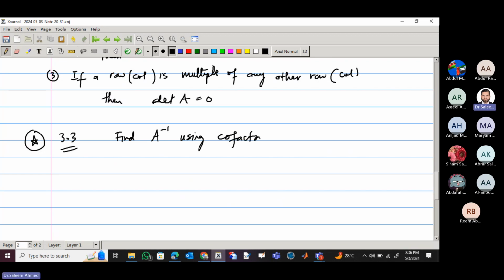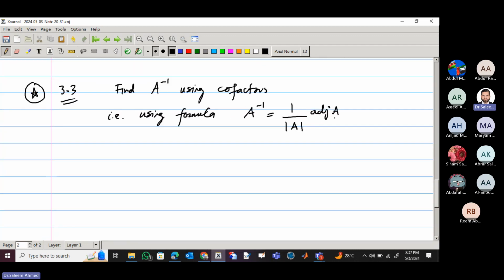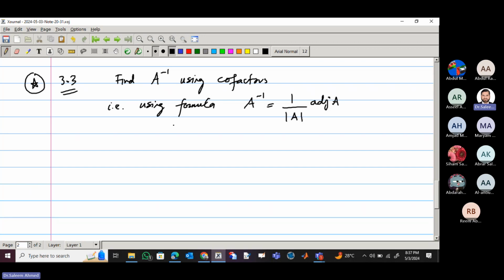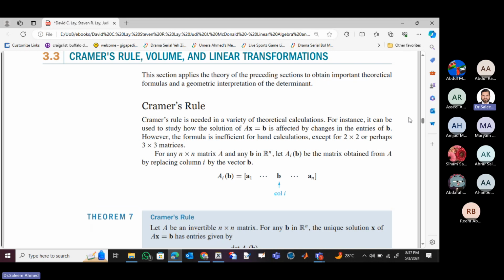But cofactors are basically coming from determinant. So basically using the formula, A inverse is equal to 1 over determinant of A into adjoint of A. So this is a formula for finding inverses, and you can expect a question like this, where I will give you a matrix and I will ask you to use this formula to find the inverse.